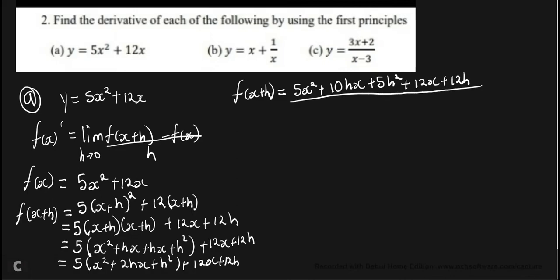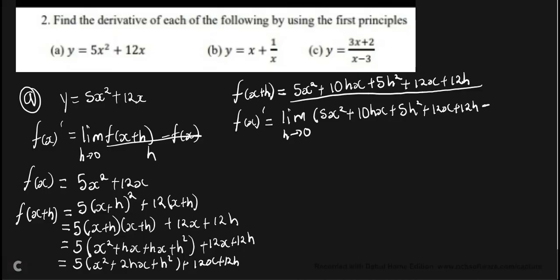Then from there, what you do next is we have to substitute these in the given equation. So when you're substituting, you say f prime of x equals the limit as h approaches 0. What is your f of x plus h? It is this one on top, which is 5x squared plus 10hx plus 5h squared plus 4x plus 4h, minus your f of x.